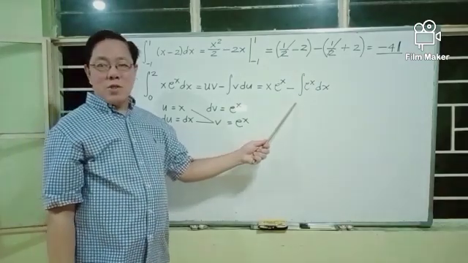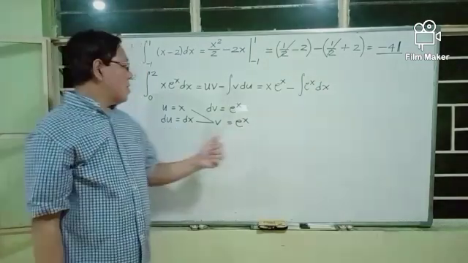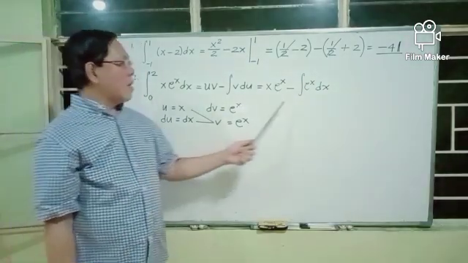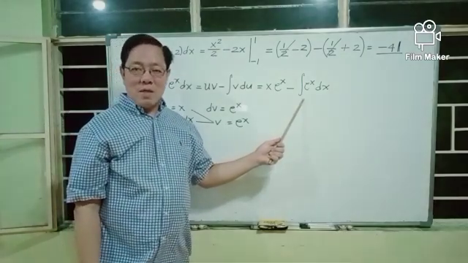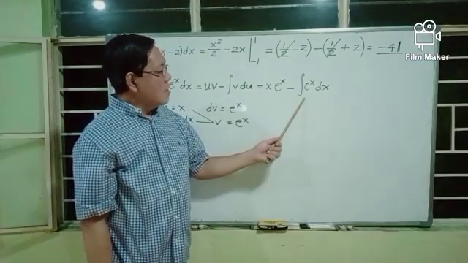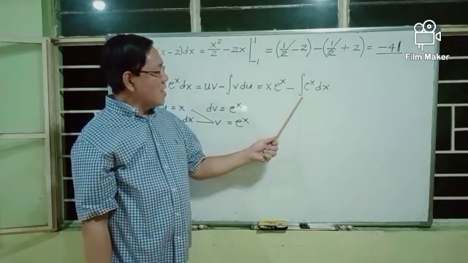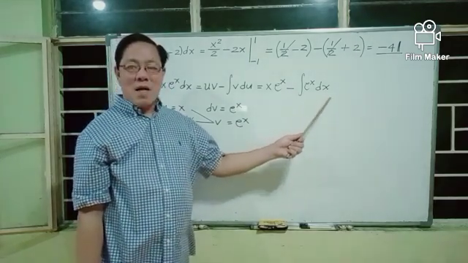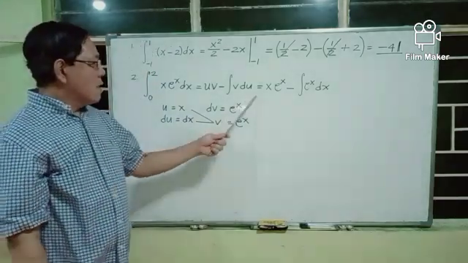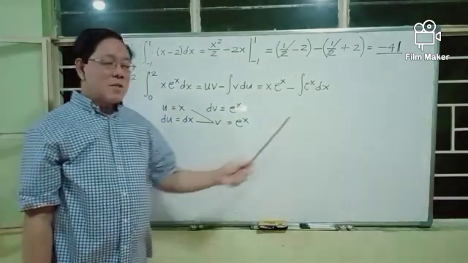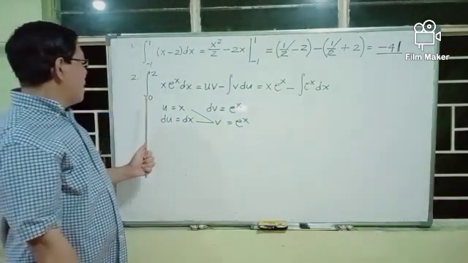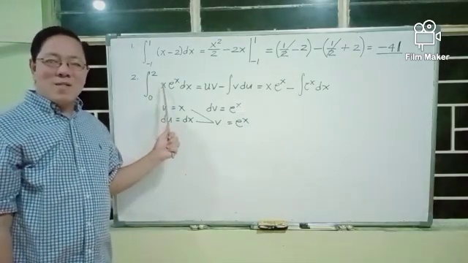The integral here should have the limits, the given limits, 0 to 2, but I have omitted it. Since we are not ready to evaluate, we have to first find the integral of e to the x dx before we evaluate all these terms, this difference from x equals 0 to x equals 2.